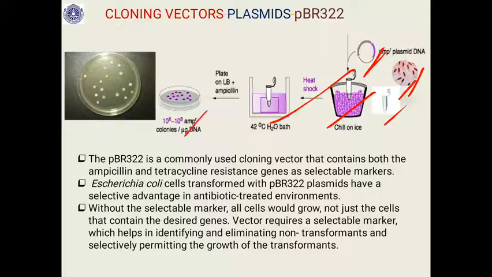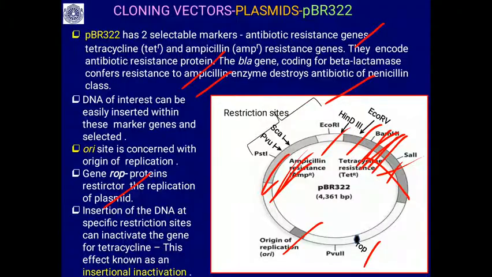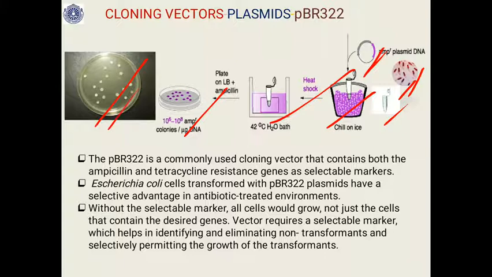Then we have to culture this in a plate. We have inserted our gene in the tetracycline gene with the help of BamH1 in this region. Now we have a culture medium carrying both tetracycline and ampicillin, or else only ampicillin.